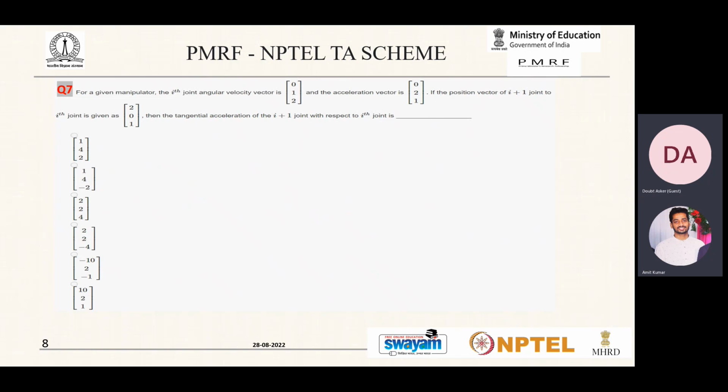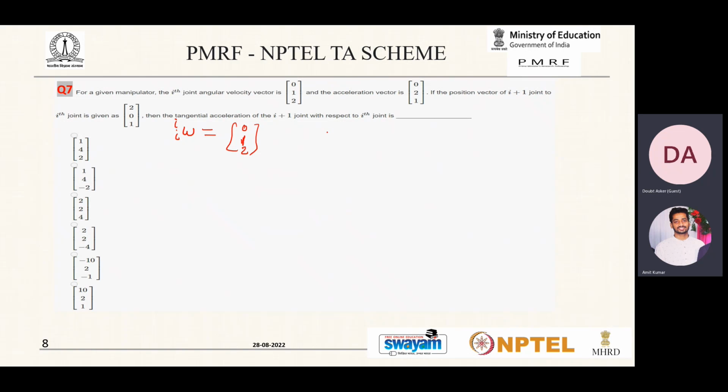Now, moving on, we have question number 7. Here, for a given manipulator, we have the ith joint angular velocity. Angular velocity is omega, and this is saying ith, which means what? This one is given, I omega, right? So omega in terms of I is given, that is nothing but 0, 1, 2, right?